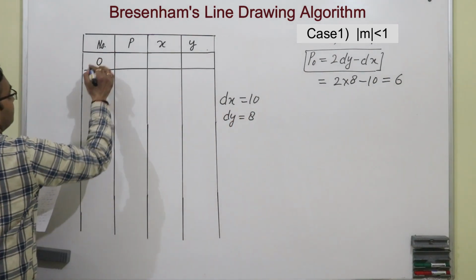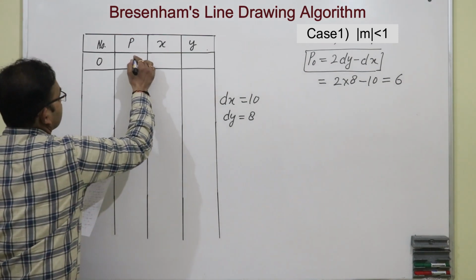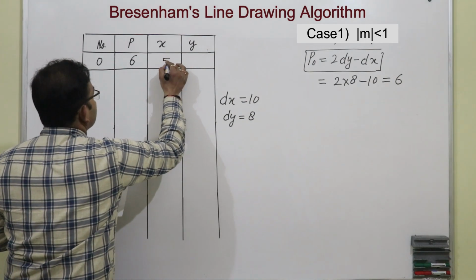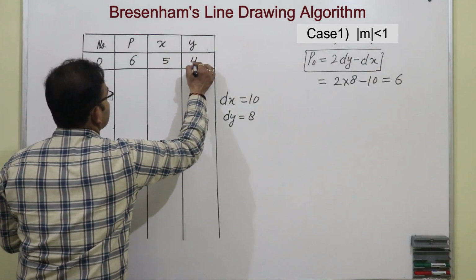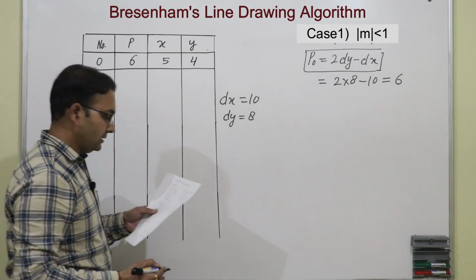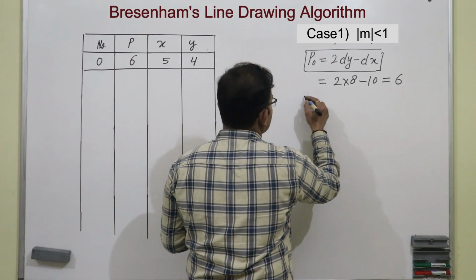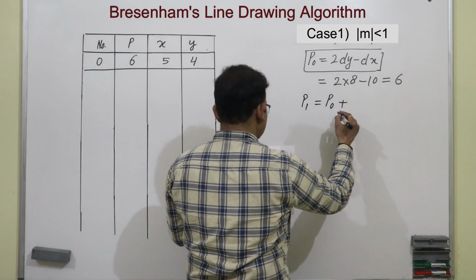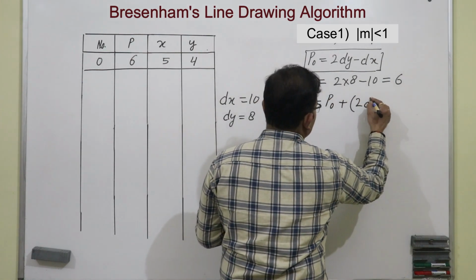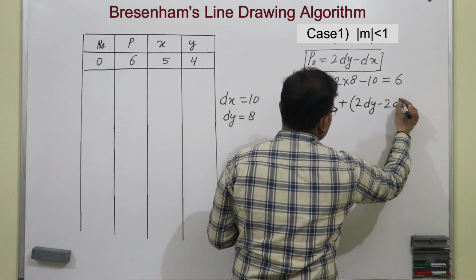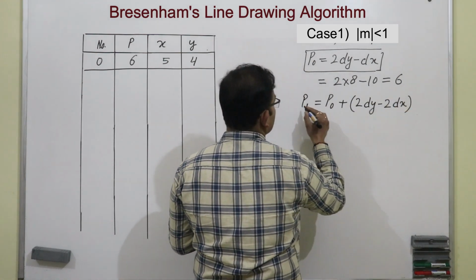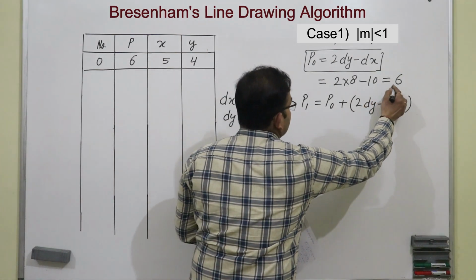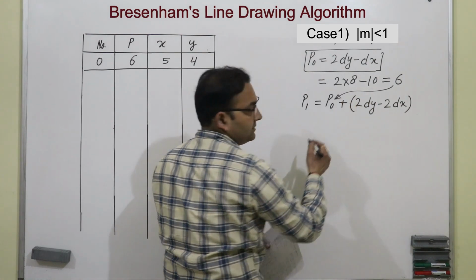So for number 0, the P value is 6. Initial coordinates are 5, 4. Now calculate P1. P1 equals P0 plus 2dy minus 2dx. We will use this formula if the previous value is positive.